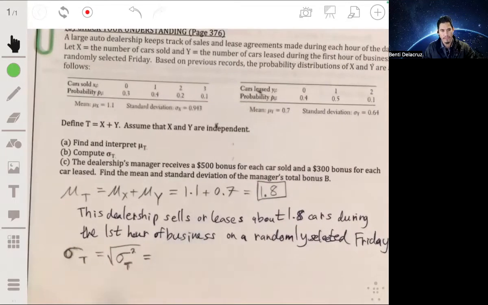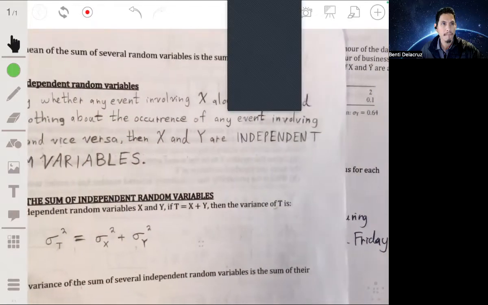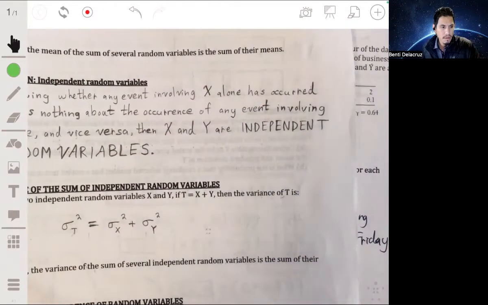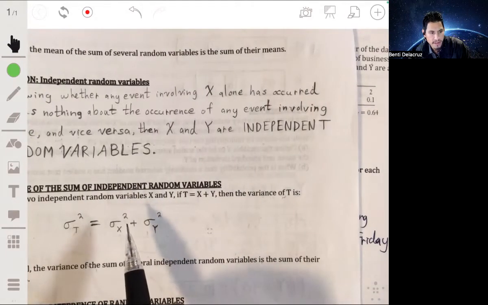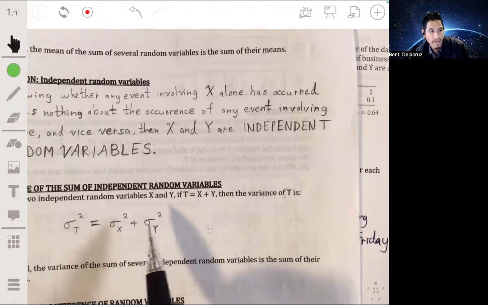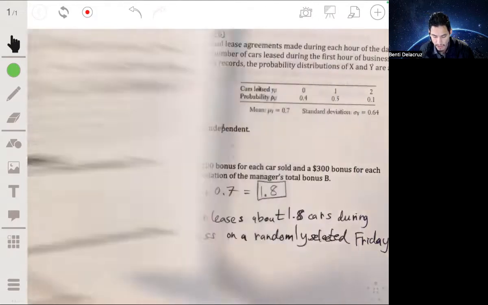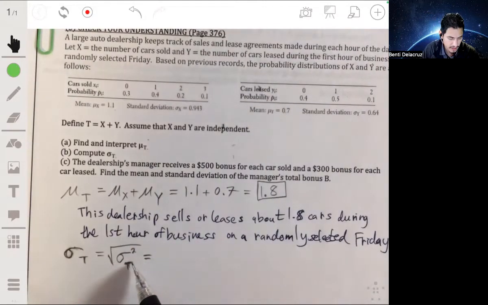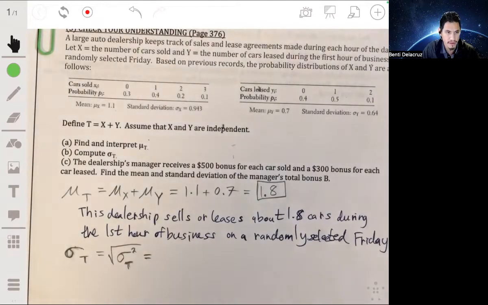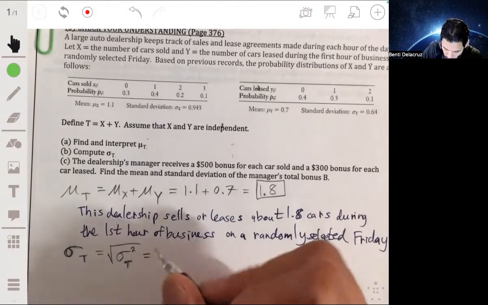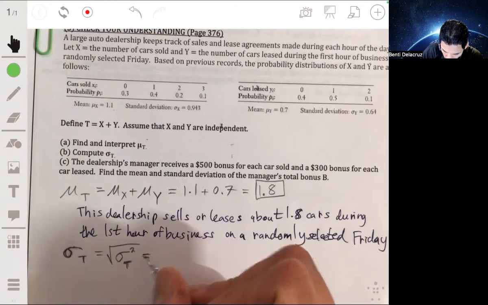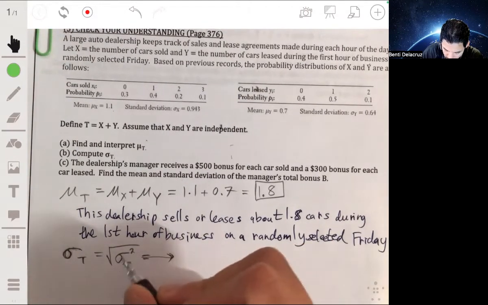So let's go back to the previous page of the formula. We're given that the variance is just the sum of the variances of X and Y. So all we have to do to find the variance of T is to add the variance of X and the variance of Y. Let's first find what's underneath the square root.